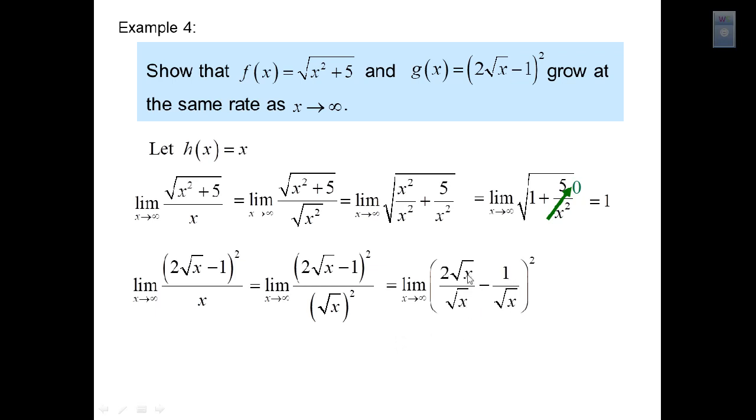And of course, these square roots of x would cancel out and leave us with 2 minus 1 over the square root of x as x goes to infinity, which would be 0. So we end up with 4. Now, it does not matter that these two numbers are not the same. Remember, all we need is a non-zero constant to prove that they grow at the same rate.